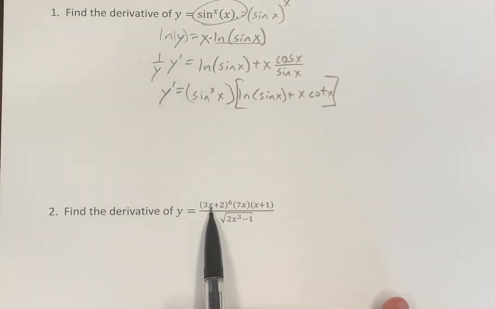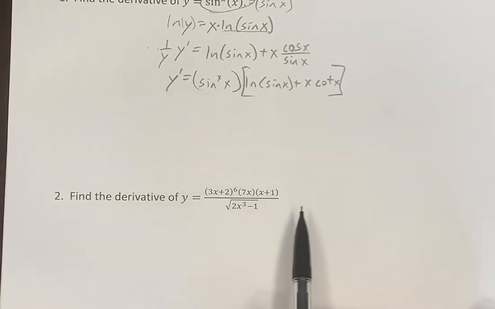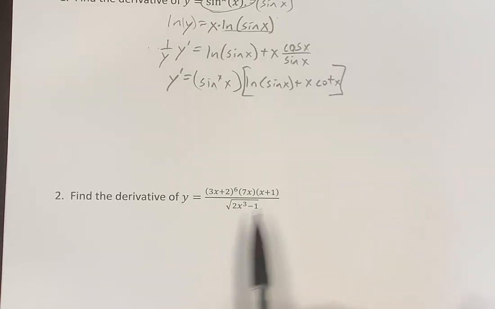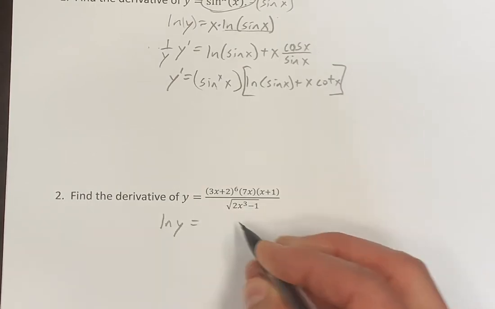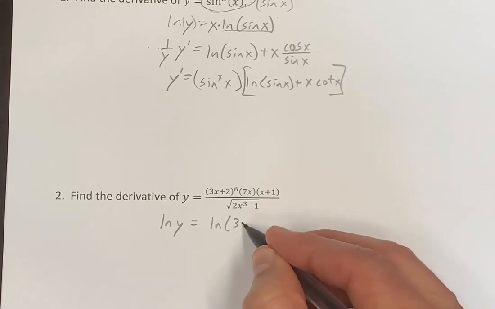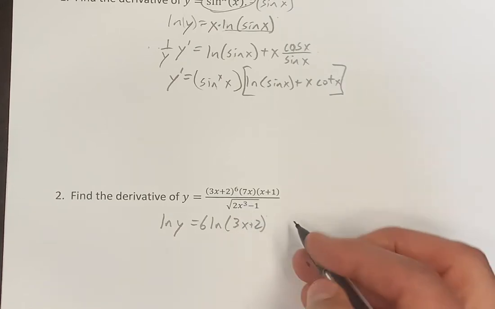The other category where this is really common is where you have just a whole bunch of terms here. Now, technically, you could use a whole mess of product rules and quotient rules to get this, but notice what happens if I took the natural log of it. Natural log splits products apart, so I'd have natural log of 3x plus 2 to the 6th. Oh, wait, the 6 can come in front.